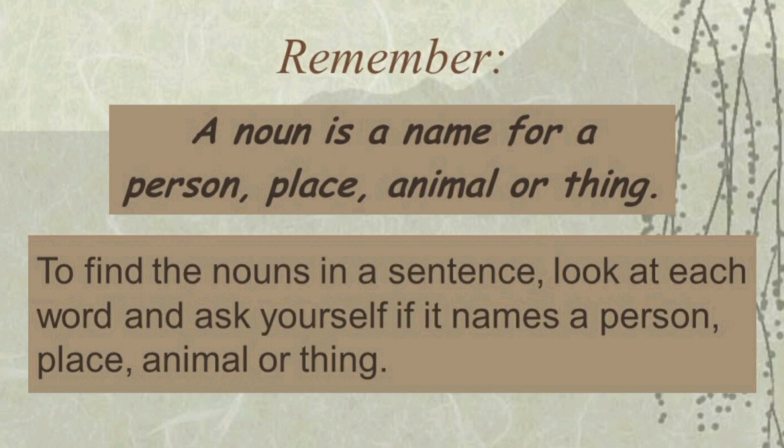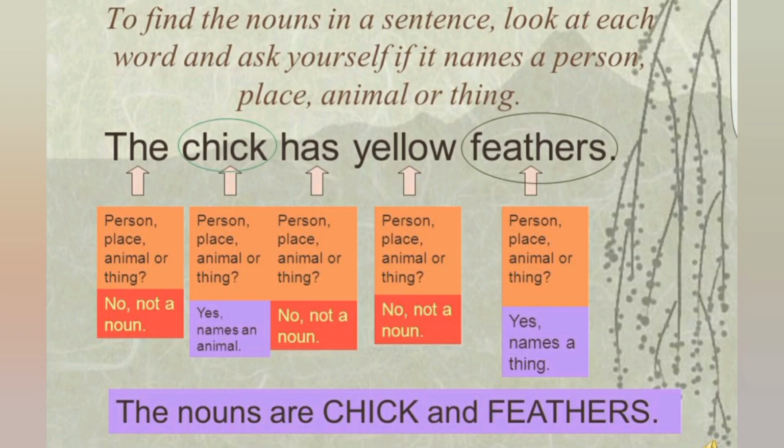Now remember, a noun is a name for a person, place, animal, thing, or idea. To find the nouns in a sentence, look at each word and ask yourself if it names a person, place, animal, or thing, or even an idea. Let's take a look at this sentence.